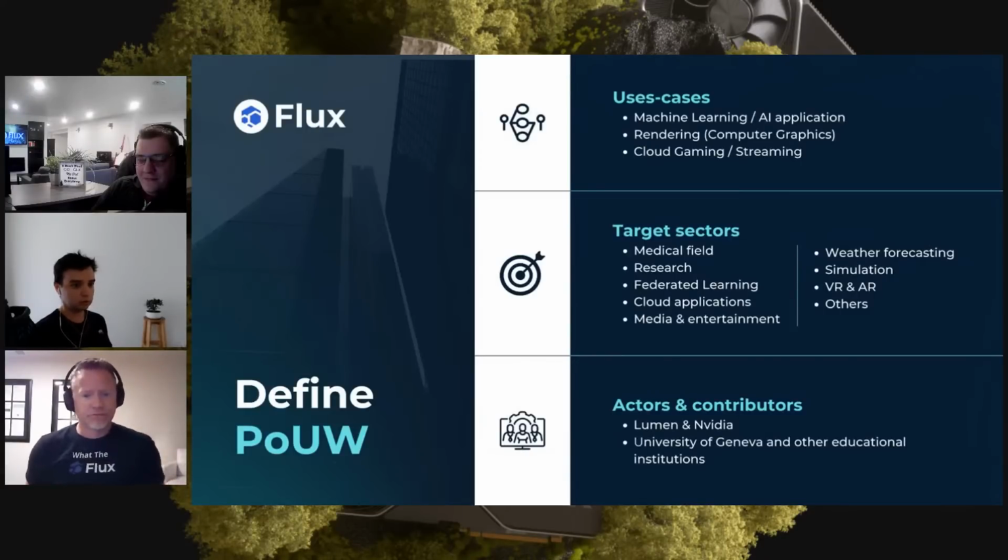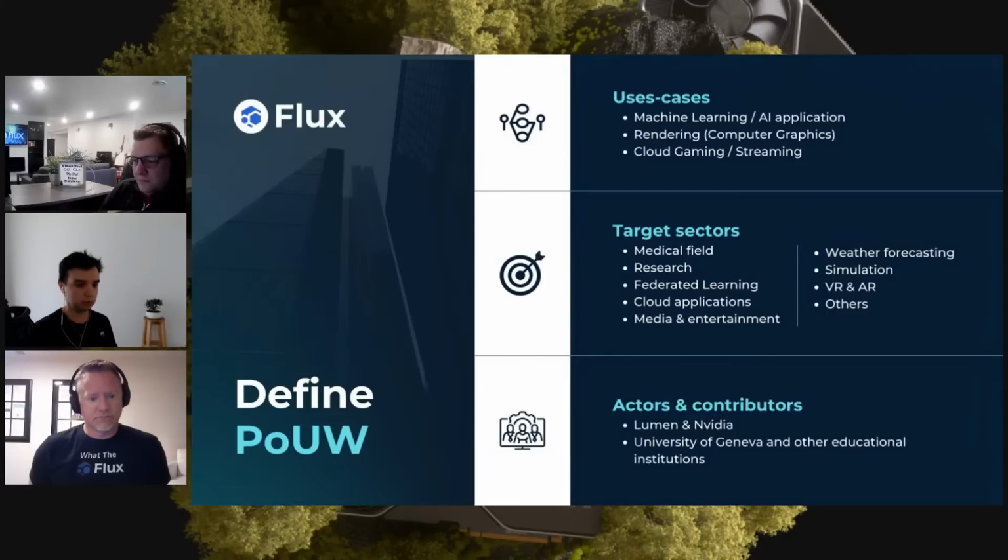As for the use case, the main ones we'll be focusing on are machine learning, AI, rendering, and cloud gaming. These can branch out into many target sectors, such as the medical field, research and so on. Quite a lot of people are actually looking towards this.